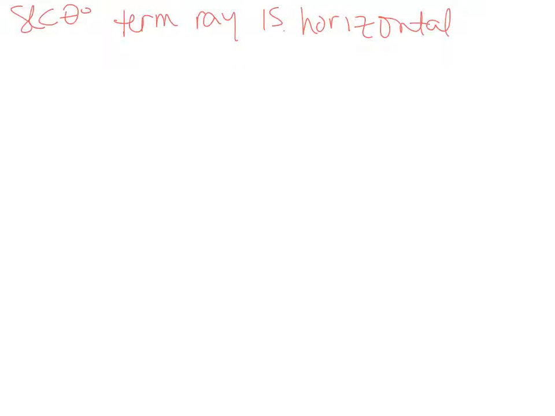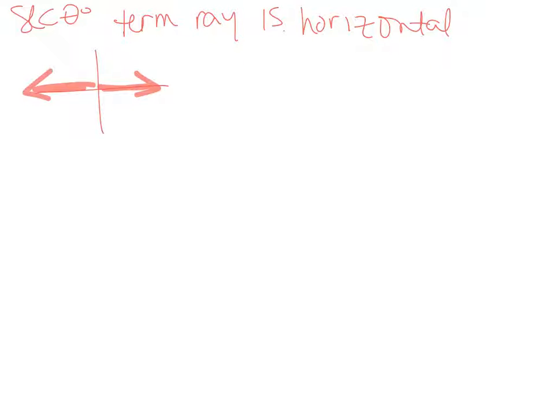Okay, let's review a few things just to make sure we're all on the same page. What are the values of secant theta when the terminal ray is horizontal? When the terminal ray is horizontal, it's going to coincide with the positive or negative x-axis.